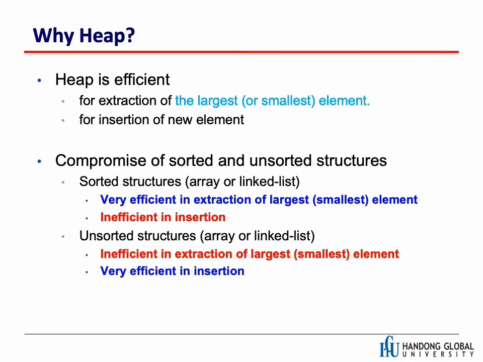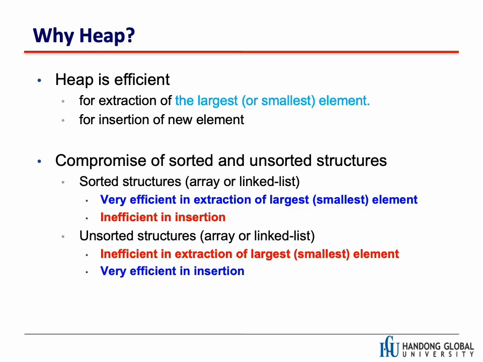But it's not efficient when we insert a new element, because this one is sorted, and when we add one new node, there are exact locations. We have to find out where to put it. There is only one place to put it. So that's efficient to extract the largest, but not efficient in insertions.